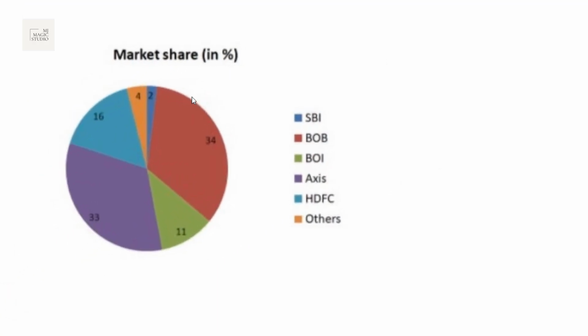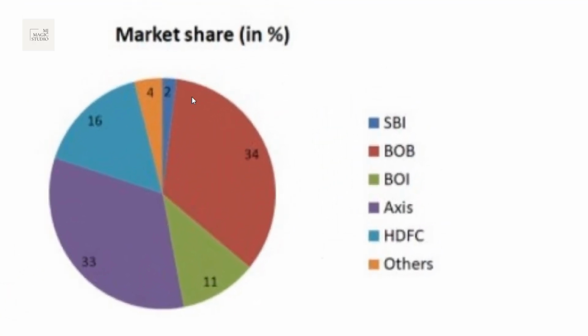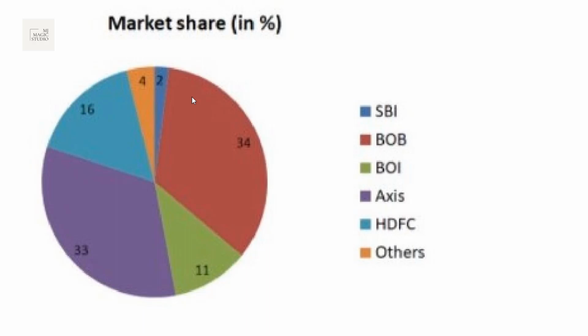Let me inflate this for a bit, and can we see the exact percentages we have? Okay, SBI is 2% market share, BOB is red, that is 34%, BOI 11, Axis is 33, HDFC is 16, and other is 4%.